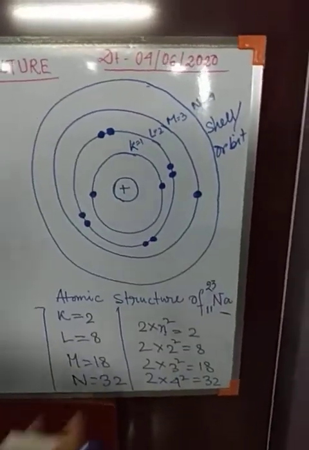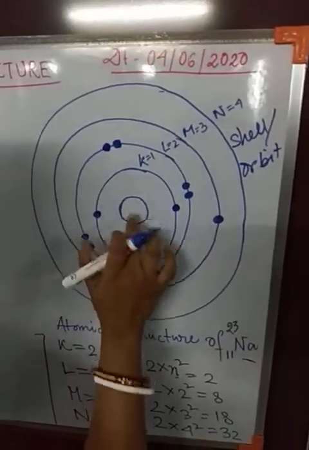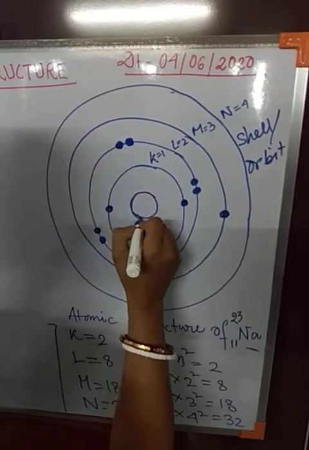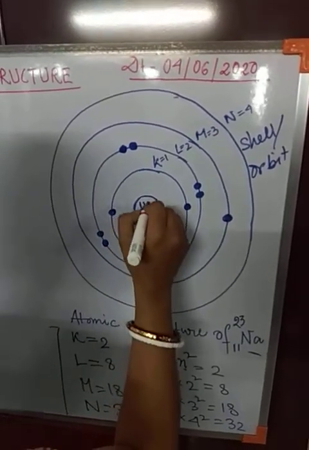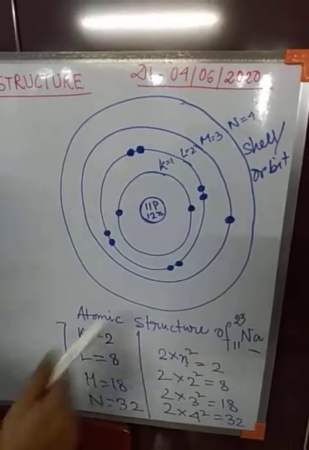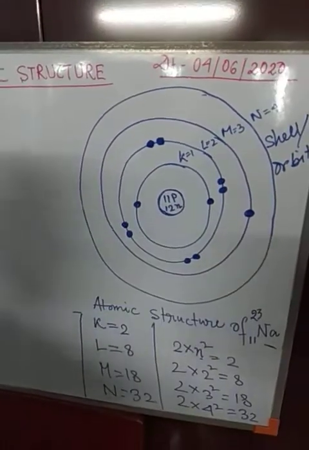Now, this is the structure of sodium, where in the nucleus there will be 11 protons and 12 neutrons. That also you have to write in this manner. And the total number of protons and neutrons are called nucleons.